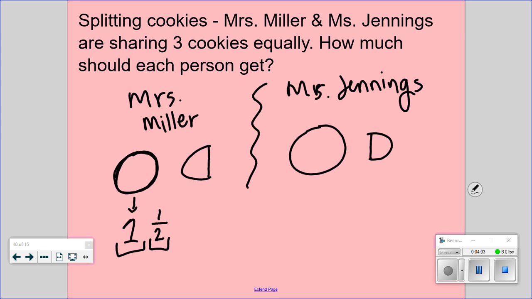How would I write Miss Jennings' piece? Anyone give it a go? Yeah, same way. She had 1 whole plus 1/2. Notice I did my slash a little bit differently. How you make your slash doesn't really matter. I'm a big fan of this way right here. I think that's easiest to see and it looks more like a fraction.